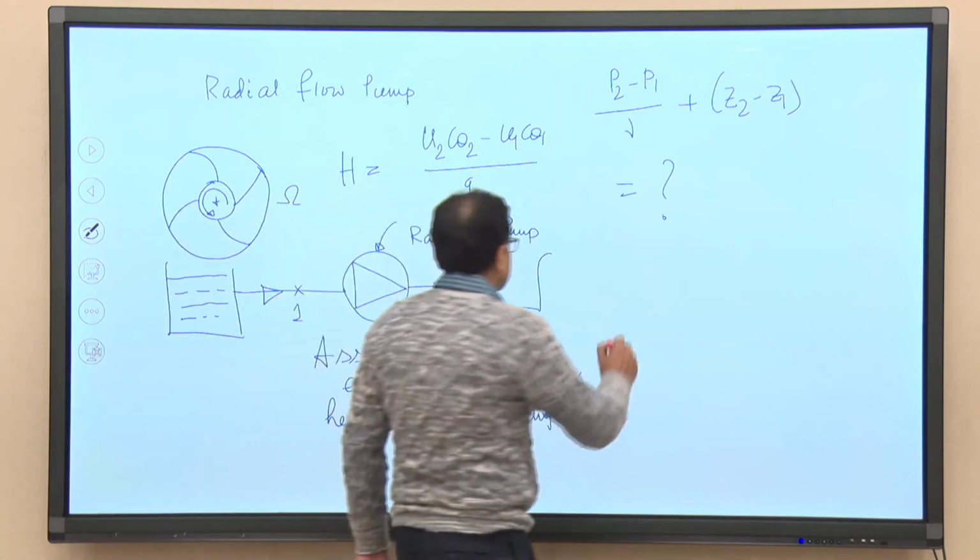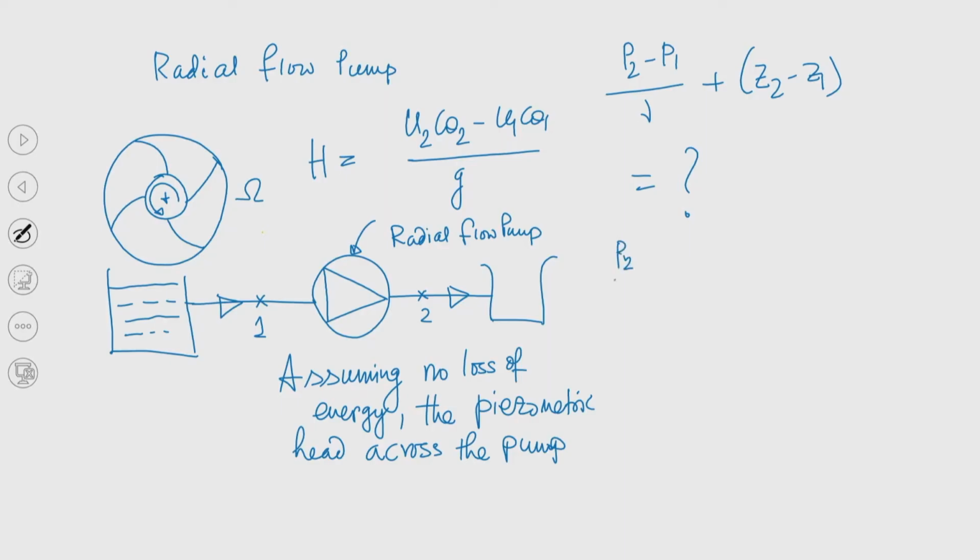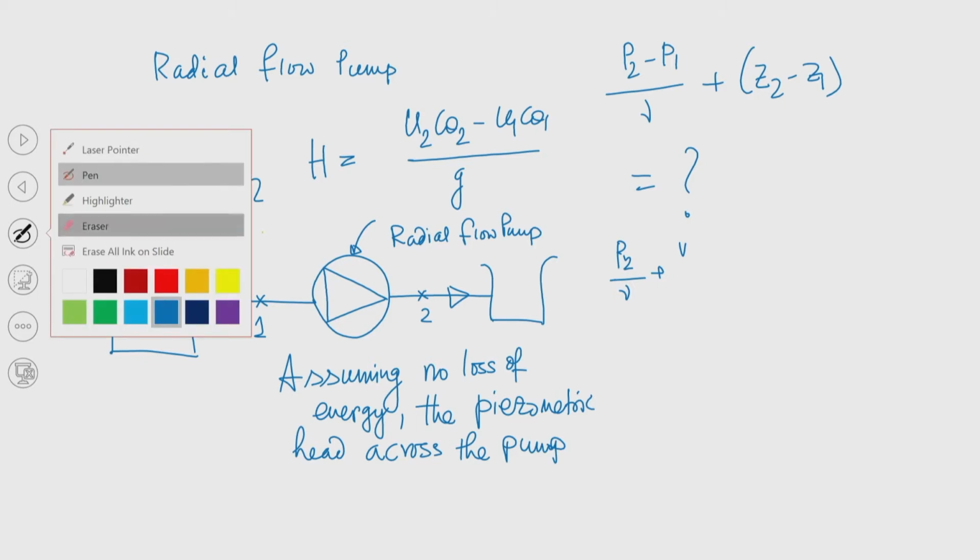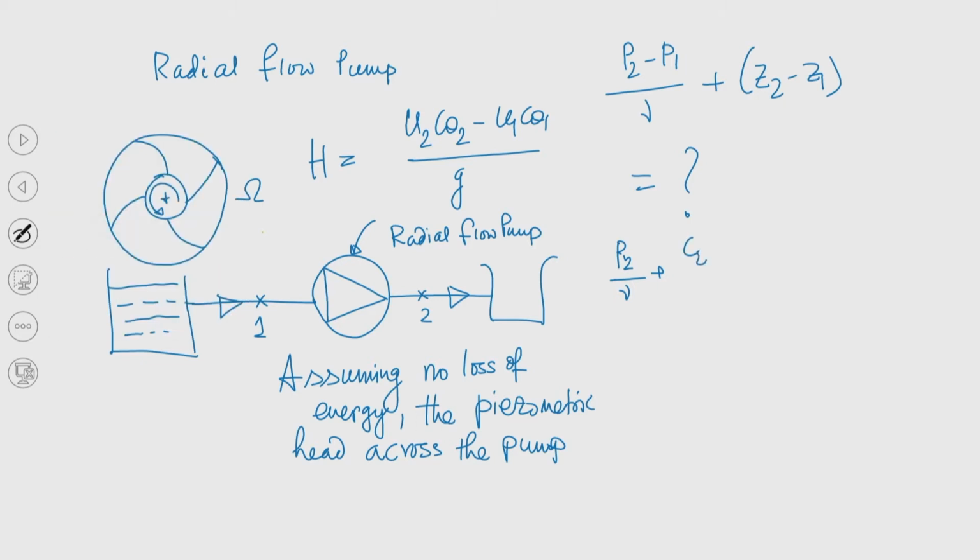We can write P2 by gamma plus C2 square by 2G plus Z2 will be equal to P1 by gamma plus C1 square by 2G plus Z1 plus H, right.